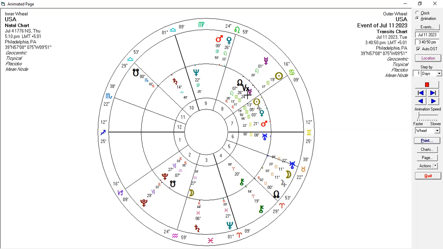The United States' Mercury is at 24, and this is at 22. So as the transiting Uranus gets further on, when it hits 24 degrees, it will be making a sextile, totally, to the United States' Mercury.